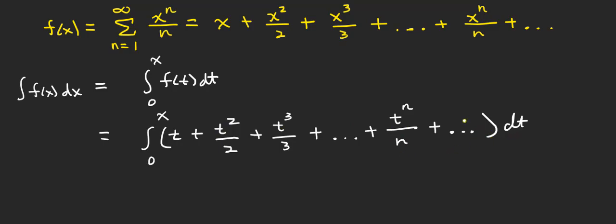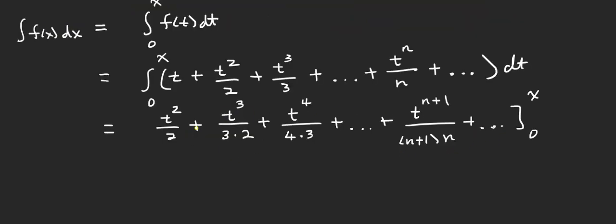And when you take the integration of this, you get t squared over 2 plus t cubed over 3 times 2 plus t to the 4th over 4 times 3 plus, and so forth, t to the n plus 1 over quantity n plus 1 times n, from 0 to x.